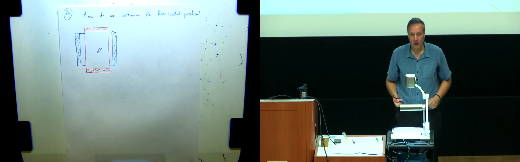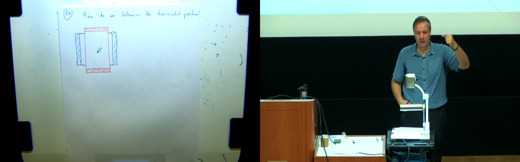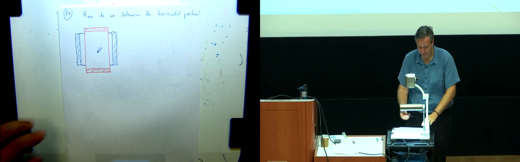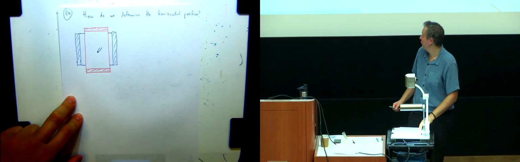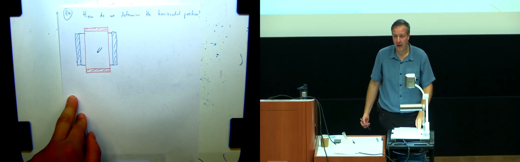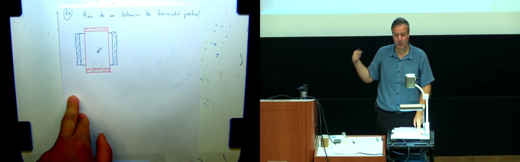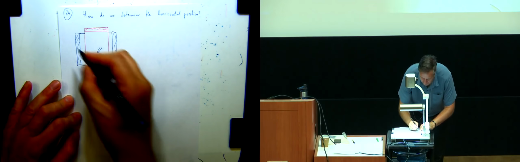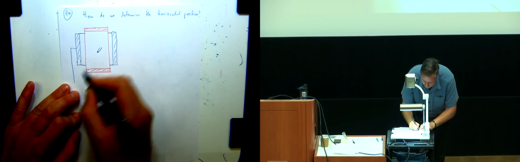So, previously we applied voltage on the red. Supply was connected to the red electrodes. Now we're going to apply the supply to the blue. Right, so we're going to just do something like this.